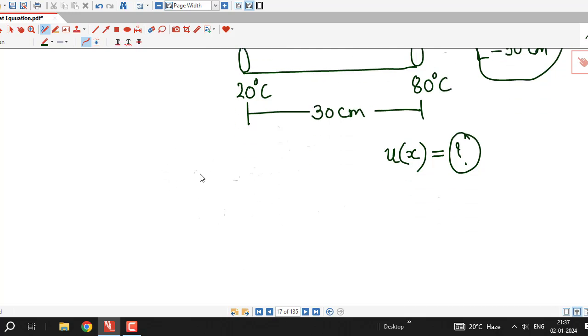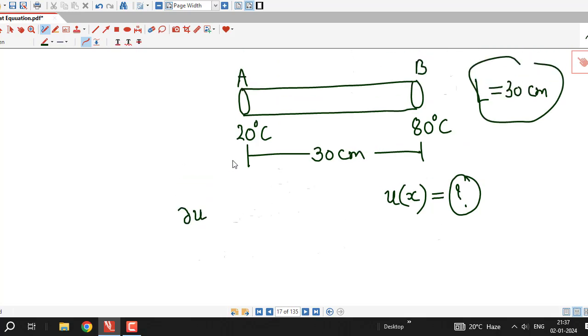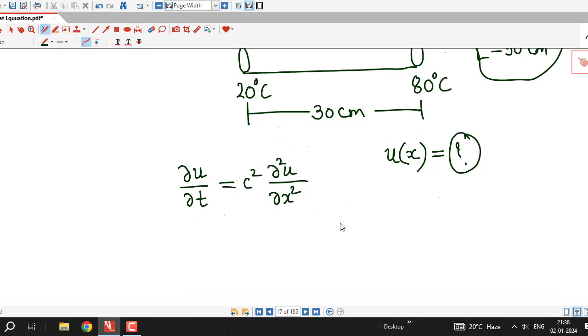Now as I discussed, if we have this temperature distribution problem, then it is governed by the one dimensional heat equation, del U by del T equal to C square times del square U by del X square. And if we are in steady state situation, then del U by del T is 0. Therefore we have 0 equal to C square times del square U by del X square.